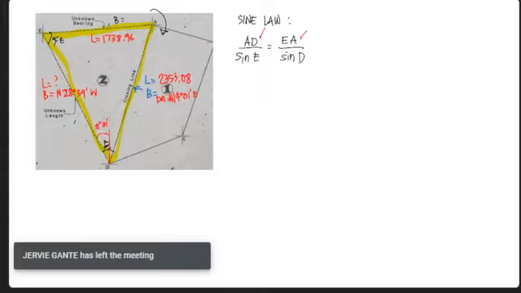So, we can compute our A. So, because our triangle is 180 degrees ang kanyang interior angle, angle E plus angle D plus angle A should be equals to 180. So, 42 degrees 40 minutes plus 66 degrees 30 minutes plus angle A. So, ano yung ating angle A?